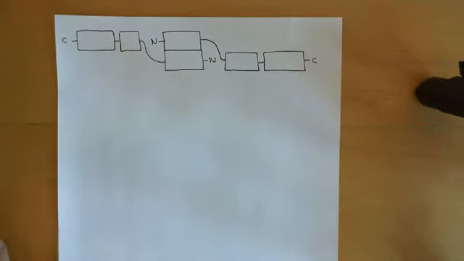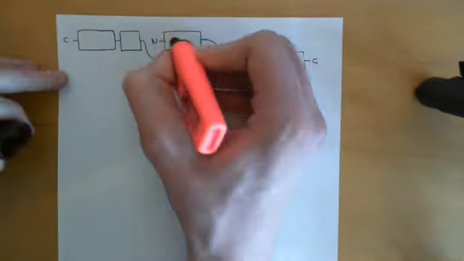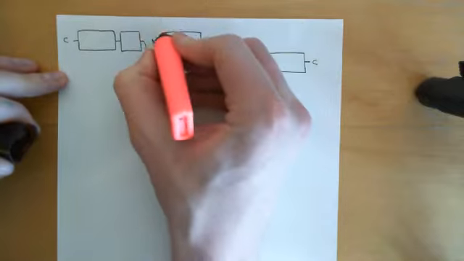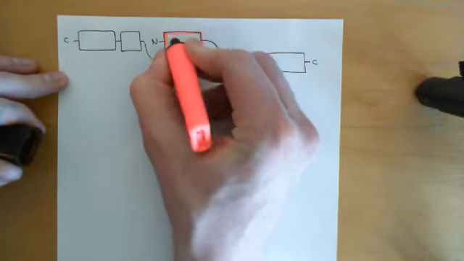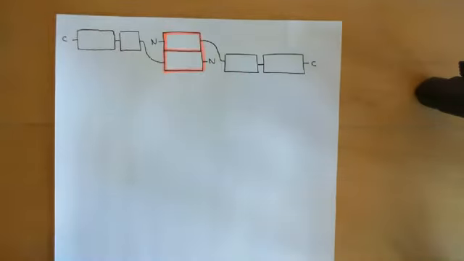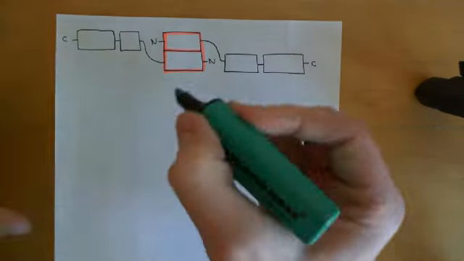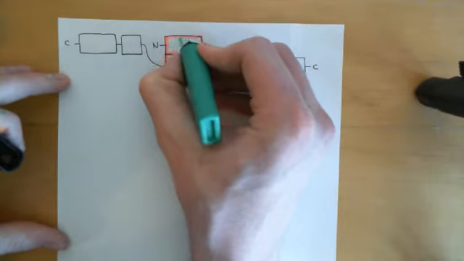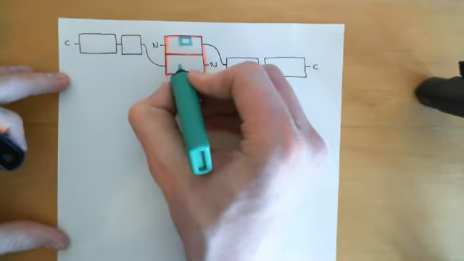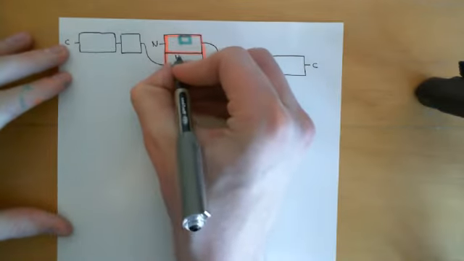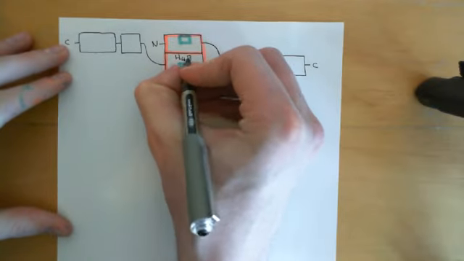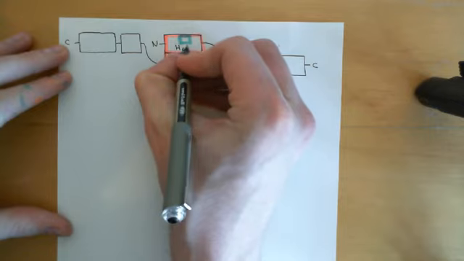So let's colour these portions in again. So here, let me just get the highlighter in the right orientation. These are the two oxygenase domains which are dimerized together here. Okay, remember we had the two heme groups here, one on this one, one on this one. We also had the tetrahydrobiopterin cofactor present here and also present here.